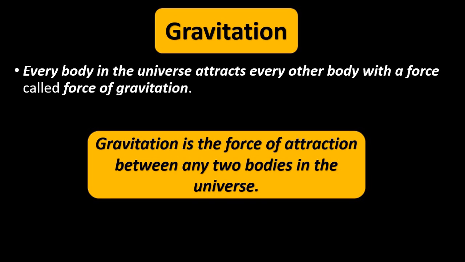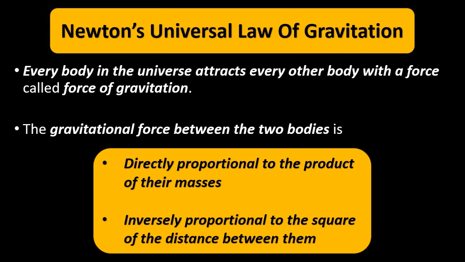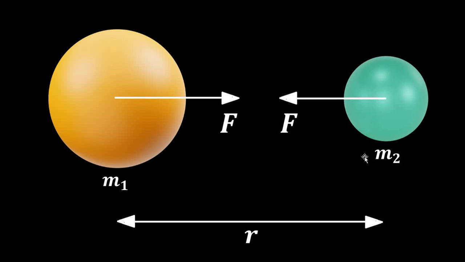We also discussed Newton's universal law of gravitation, in which we got the mathematical expression of the gravitational force. Suppose there are two bodies of masses m1 and m2, and their centers are separated by a distance r.